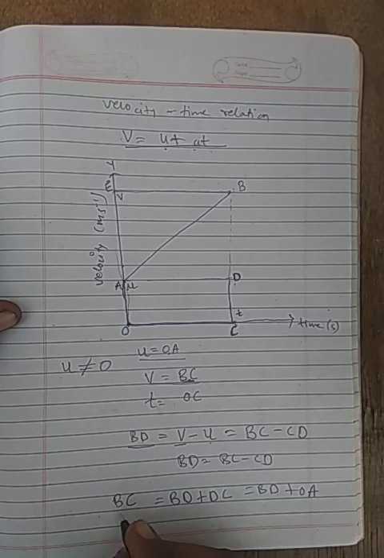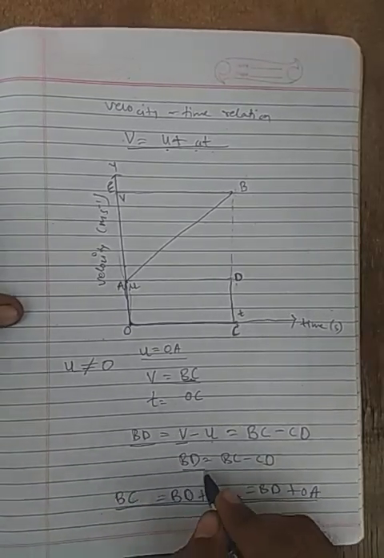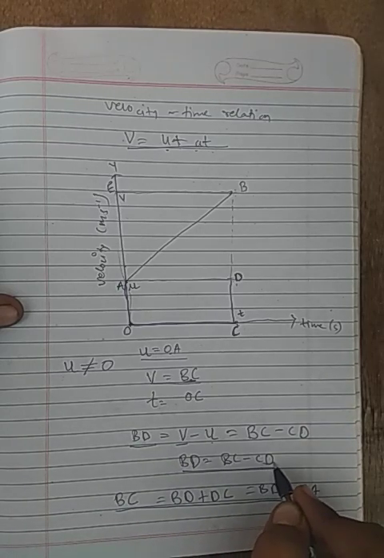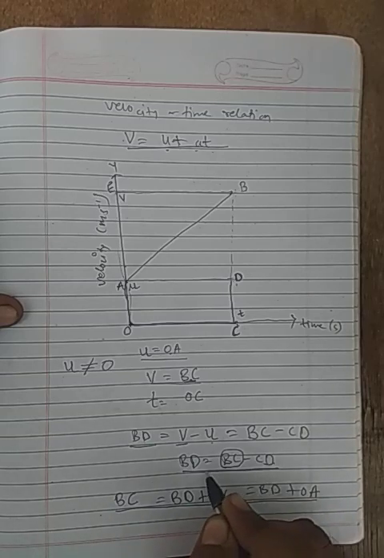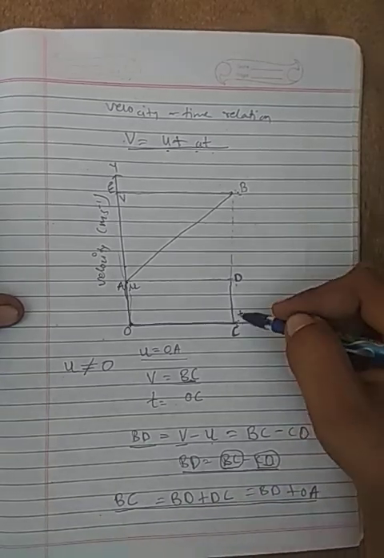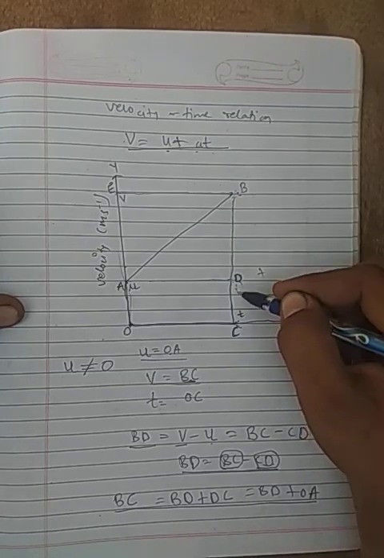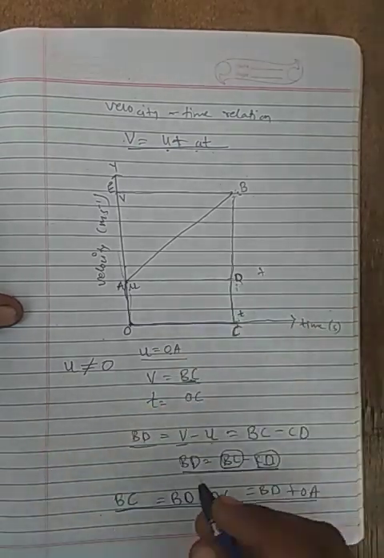You understand how this is derived? It is derived from this. Here BD is equal to BC minus CD. So what will BC equal? It will equal BD plus CD. Here you can say BC means BD plus DC or CD. So here it is written BC is equal to BD plus DC or CD.